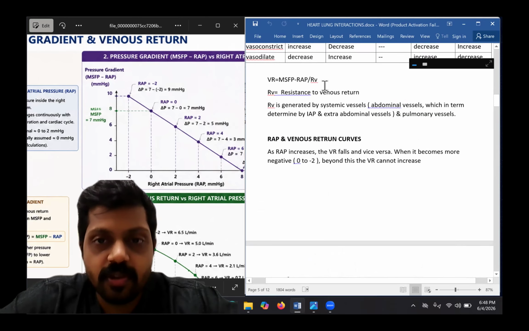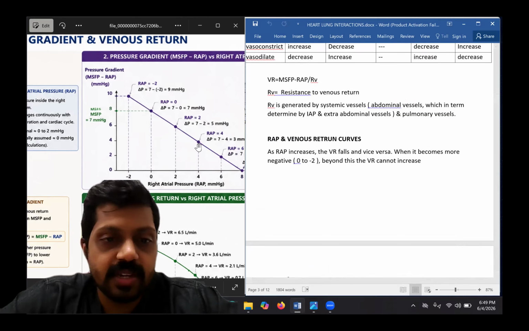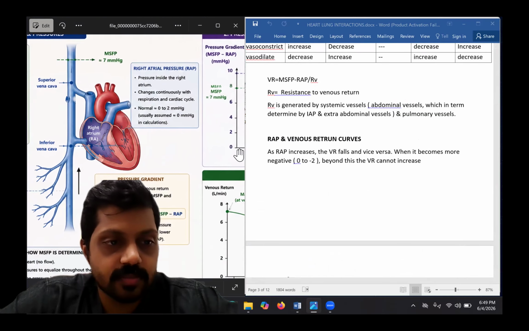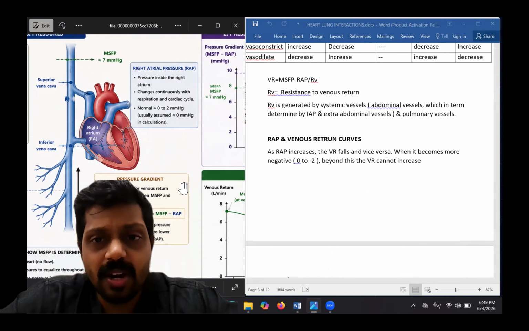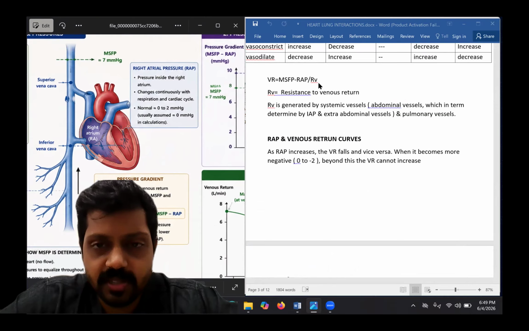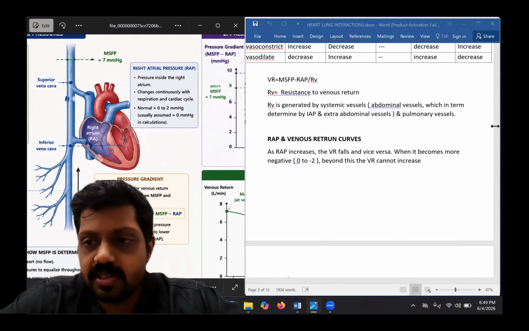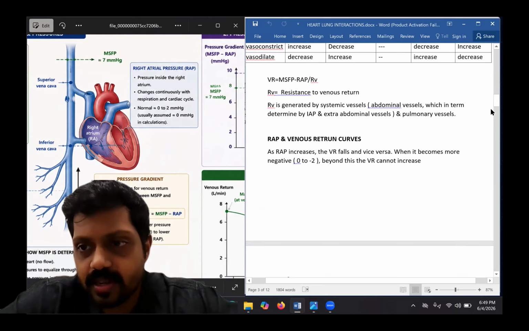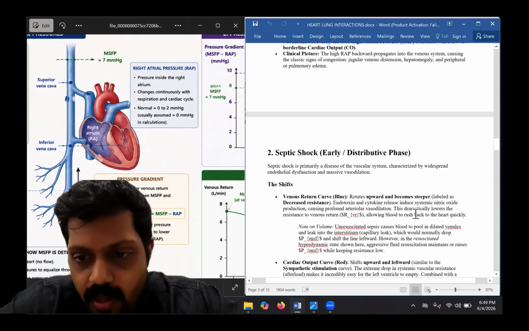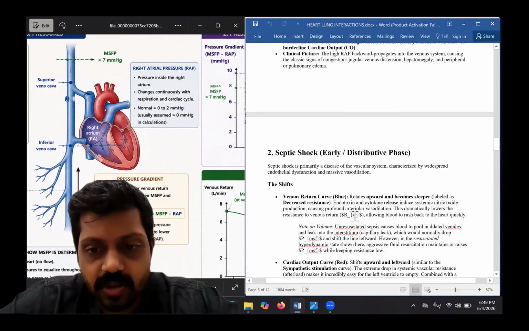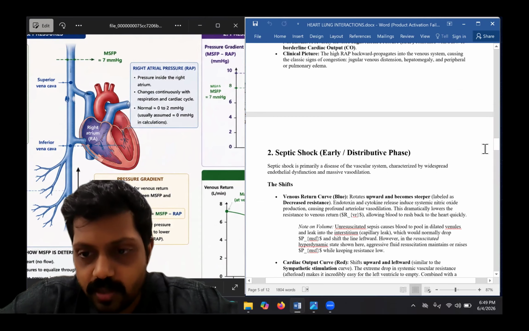In arterial vasodilatation, the resistance to venous return is reduced. If the denominator is reduced, the venous return is going to increase. That is exactly what happens in septic shock. It drastically lowers the resistance to venous return, allowing blood to rush back to the heart.